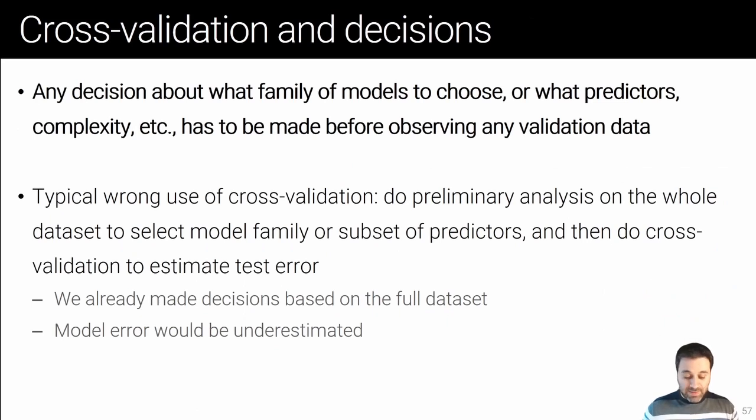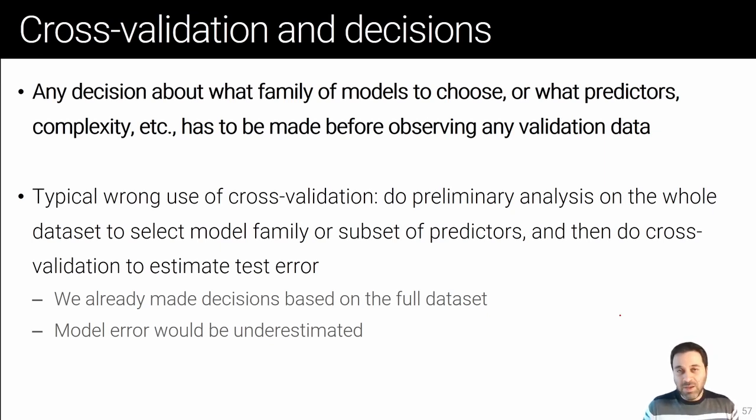So this is cross-validation. And again, we have to follow the same principles as with the test set. Any decision about what family of models we choose, about what predictors we use, about the complexity of the model, etc., has to be made before observing any validation data. So a typical wrong use of cross-validation would be taking a look at the whole dataset, looking at the variables, their relationships, and based on that, making a decision in terms of what features we're going to use or not use, what class of models, etc., and then doing cross-validation to estimate the test error.